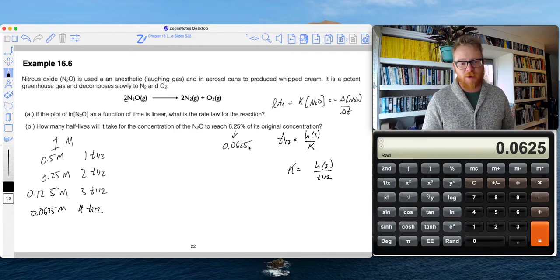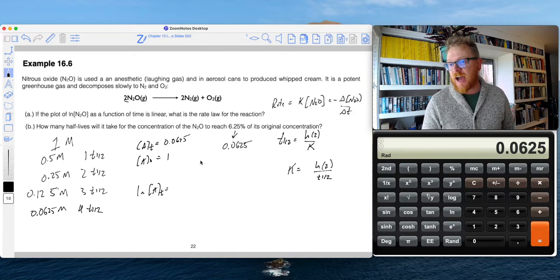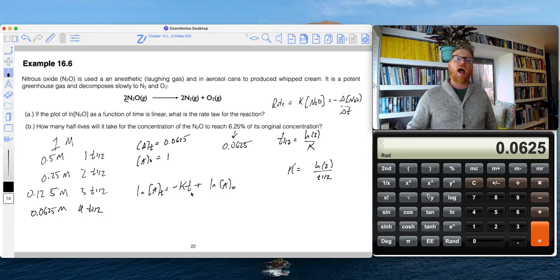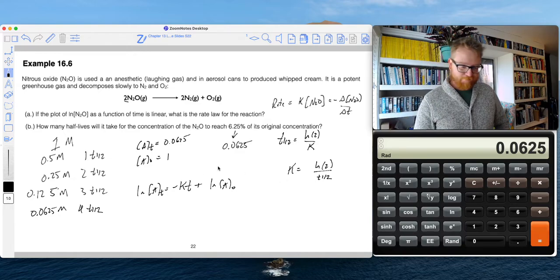We also know that if we want this to be 0.0625, I could assume that A at time t is 0.0625 and A initial equals 1. So now when we go to do our generic reaction, we know that natural log of A equals negative kt plus natural log of A0. Let's plug in everything that I know. So this is going to be the natural log of 0.0625.